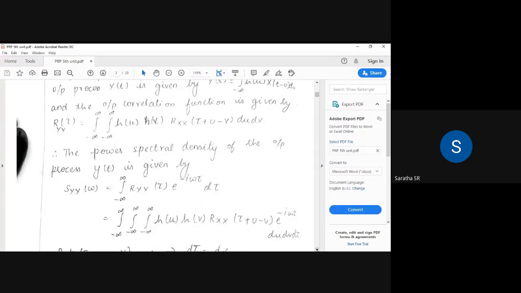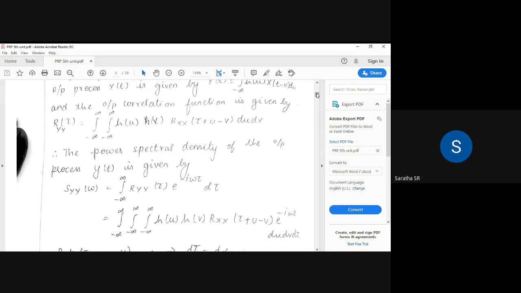Also I have asked for a clear version of these notes. Once I get it, I will share that copy in Google Classroom. For clarification, you can refer to it, so we'll refer to both the notes.